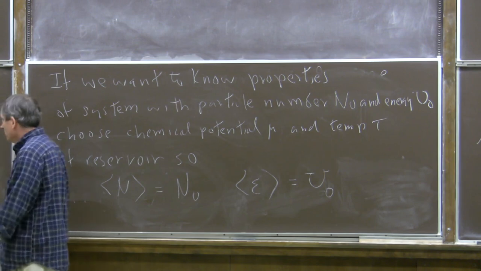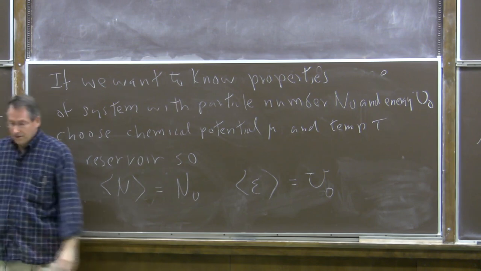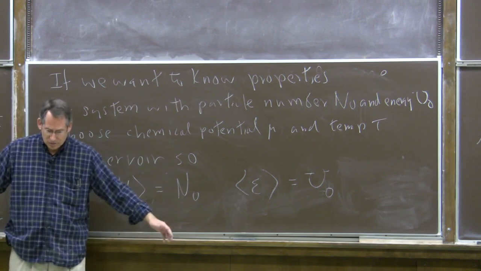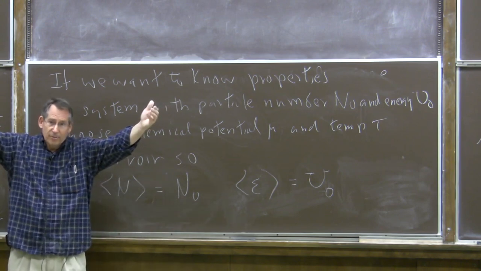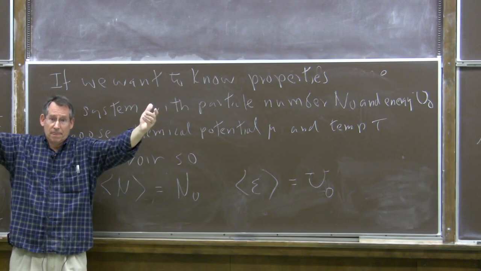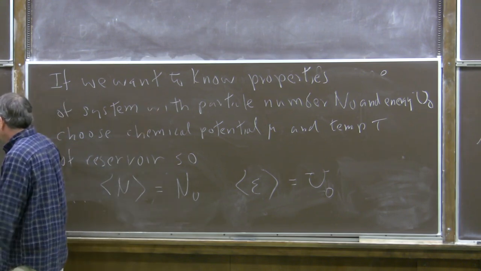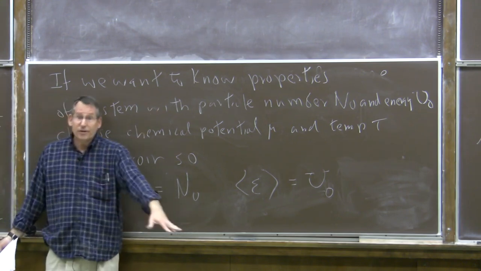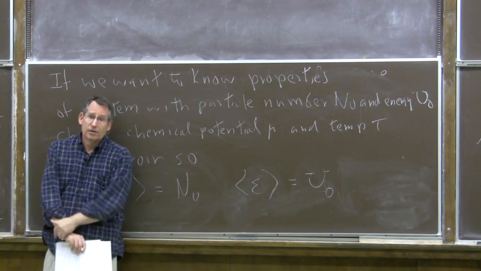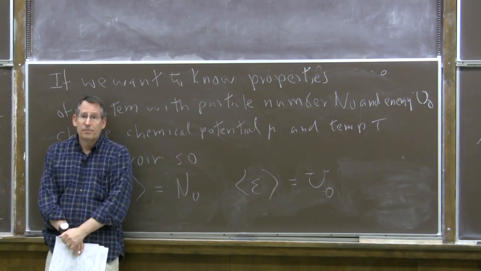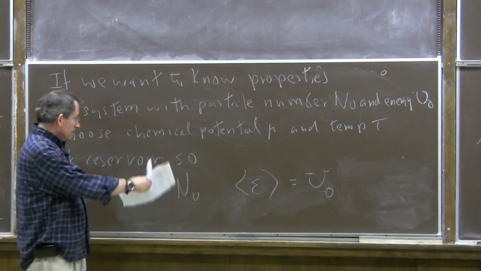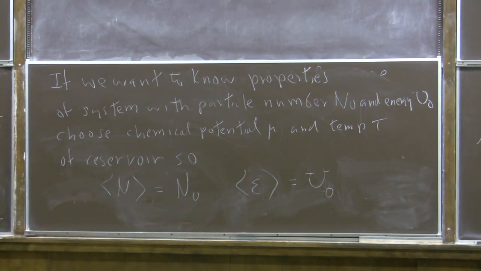Those include states with an unbounded, in principle, number of particles and an unbounded energy. But in fact, because the probability falls off sharply when the number of particles is sufficiently large and the energy is sufficiently large, we get finite sums, and some finite value for the expectation value of the particle number and the energy.